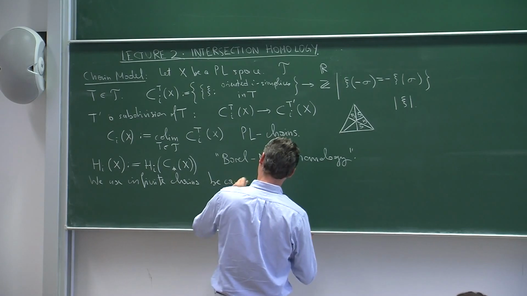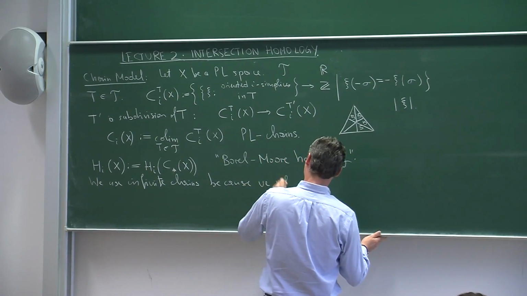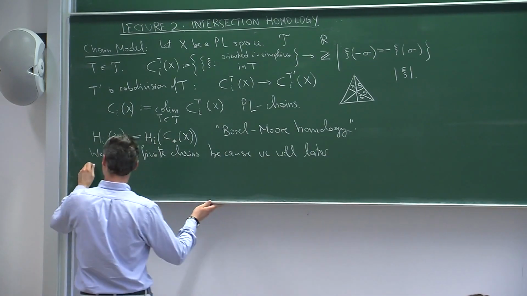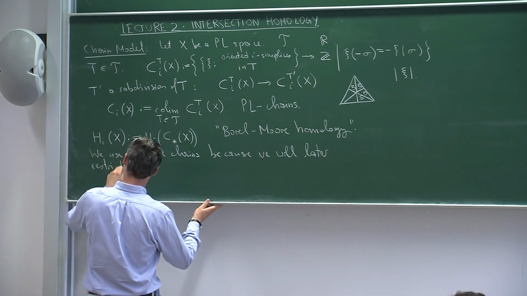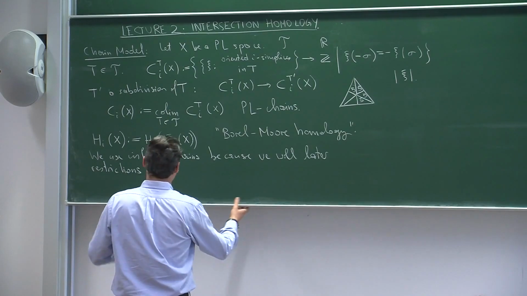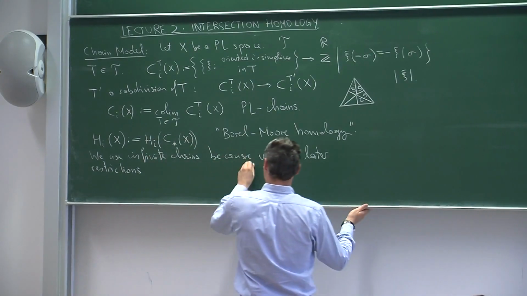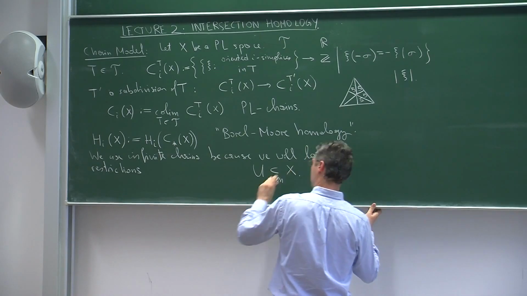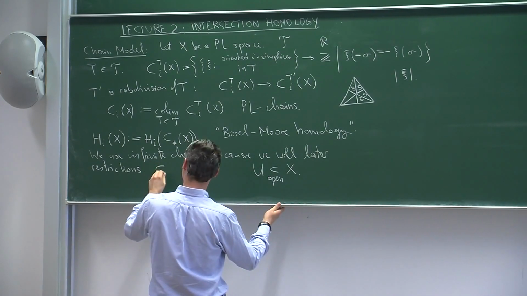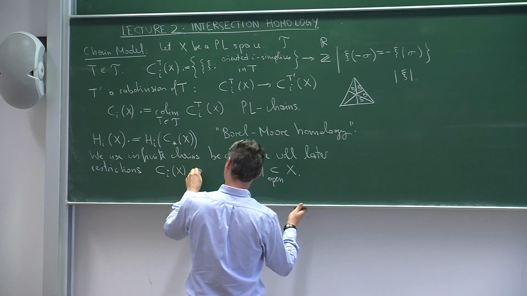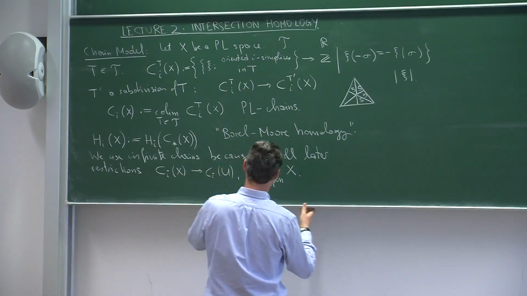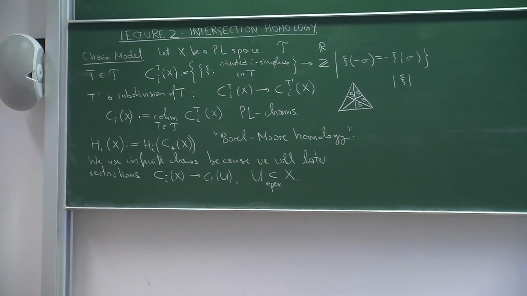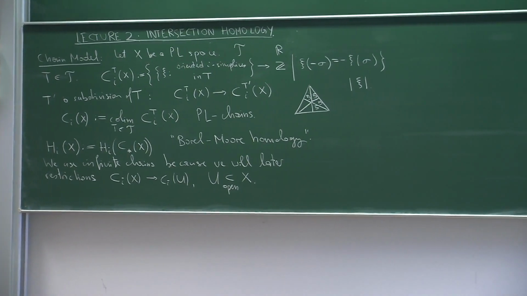because we will later need restrictions. As follows. If you have an open subset U in X, I would like to have a restriction map from C_i X to C_i U. Now, obviously, if you work with finite chains, there is no such map.